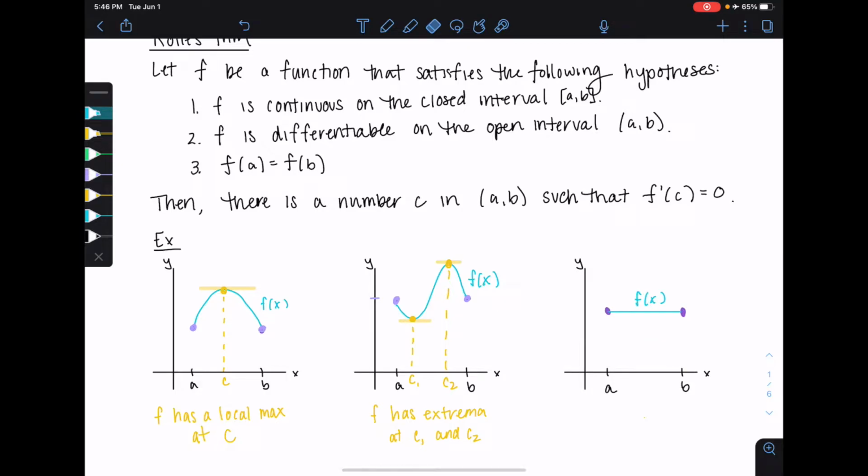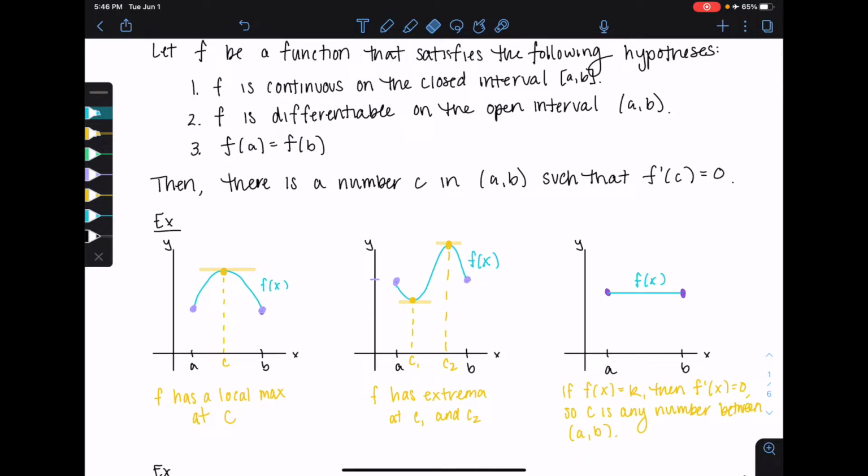Another possibility is maybe you just have a straight line, so the endpoint values are exactly the same. Regardless of the point you pick, the tangent line has no slope because it's a flat horizontal line. So if your function is just some constant, the derivative is equal to 0 everywhere. So c is really any number between a and b. Okay? So this is really nice for us.